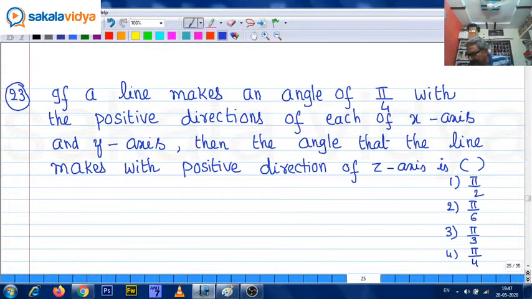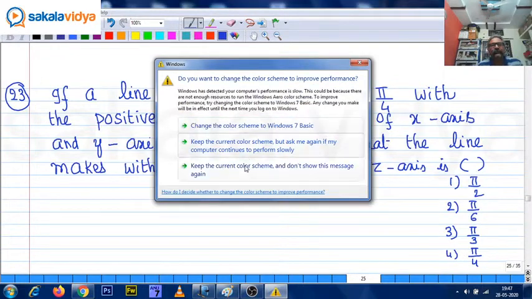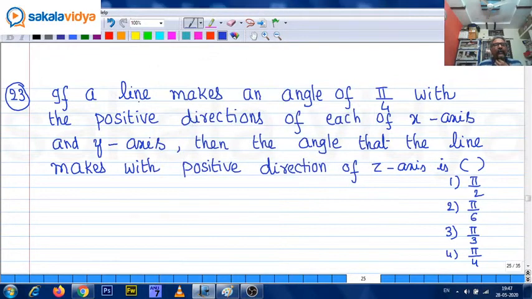So now this actually is also one kind of verbal problem itself. A line makes pi by 4 with the positive directions of x-axis and y-axis respectively. So that means here alpha is equal to beta is equal to 45 degrees and gamma is equal to question mark.